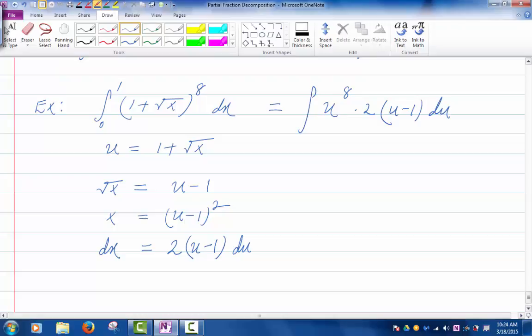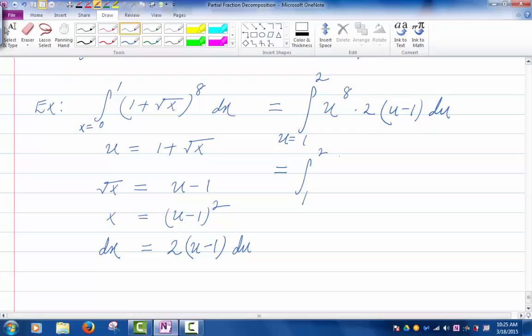Limits of integration would be what? When x is 0, so remember x is going from 0 to 1. So what would be the limits of integration for u? When x is 0, u is 1. When x is 1, u is 2. Okay, now you could see what's going on here then.